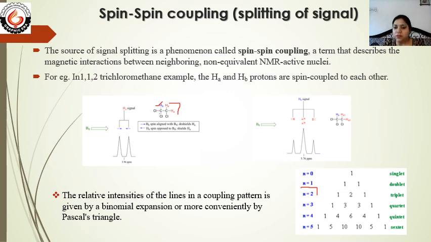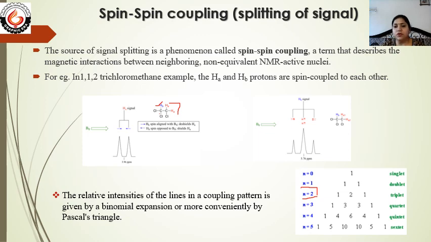In the third case, if the neighboring hydrogen number is 2, the splitting takes place into a triplet. A triplet is formed in the ratio of 1:2:1. That means the two outer signals have lower intensity compared to the middle one.